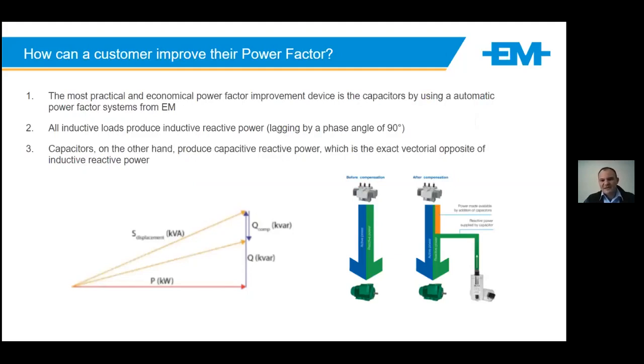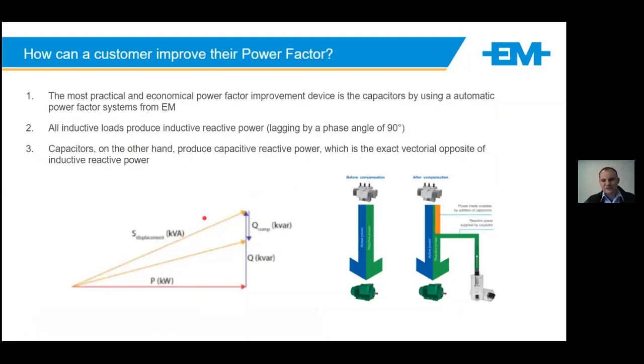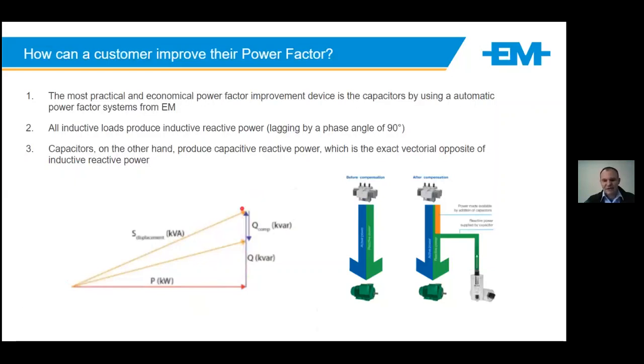Capacitors produce capacitive reactive power, which is exactly vertically opposite of inductive reactive power. If we look at our little power triangle here, we've got our demand, kVA, our kilowatt, and our reactive component in kVAR.